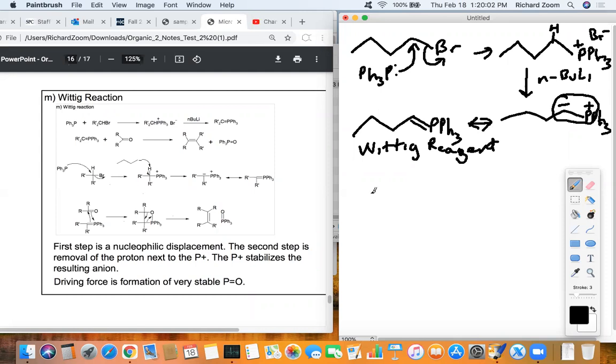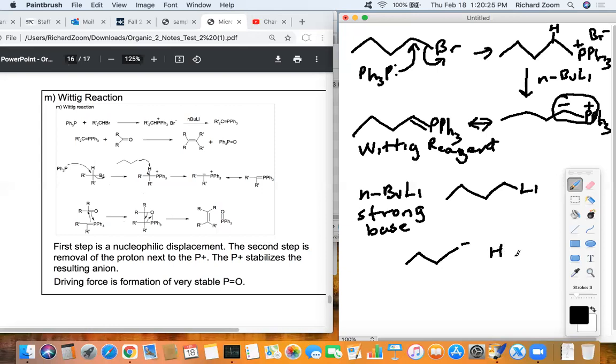The n-butyllithium, let me talk about what that is. I said it was a very strong base. It's not very much fun to work with, I can tell you that. What it is, it's a butyl group with a lithium on the end. And it will take hydrogens away from pretty much anything that is even slightly acidic.